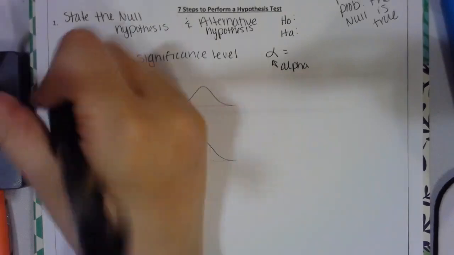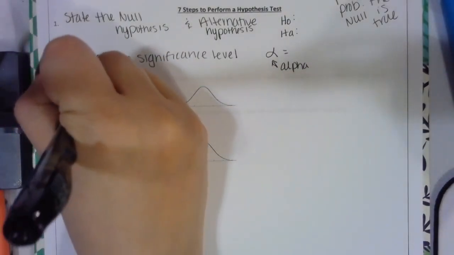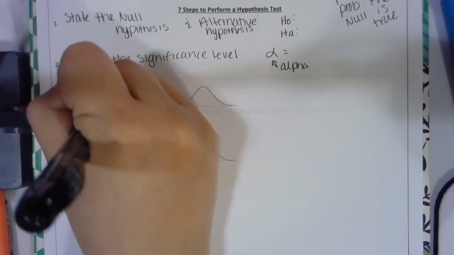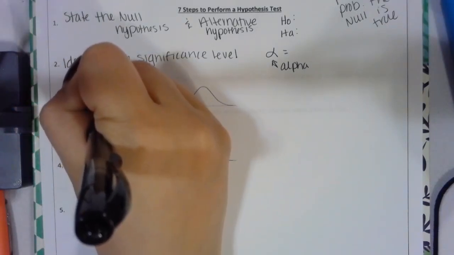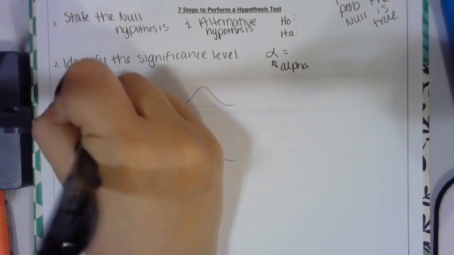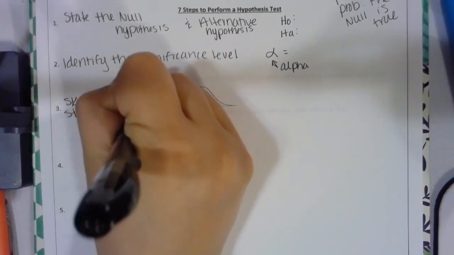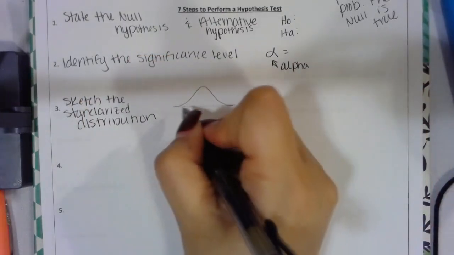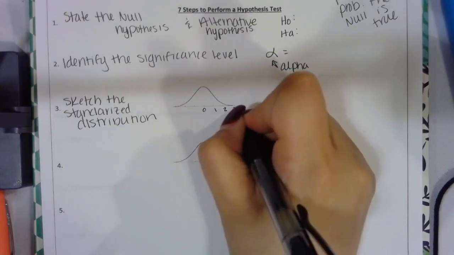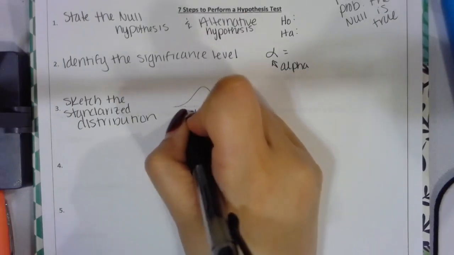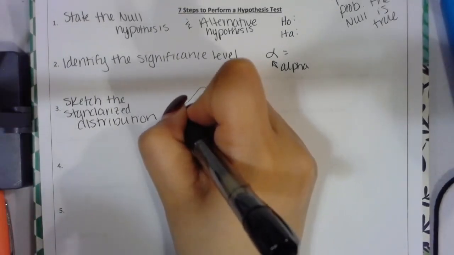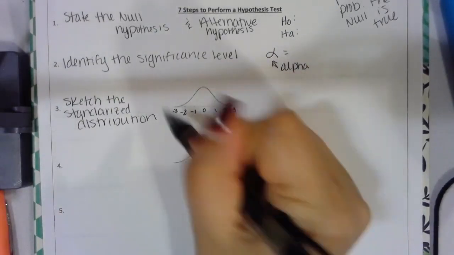Once you have that, then you will be sketching the standardized distribution. Remember, that's just 0 in the middle, and then add 1, 1, add 1, 2, add 1, 3, and subtract 1, subtract 1, subtract 1. That's a negative 3 right here. This is your standardized distribution.